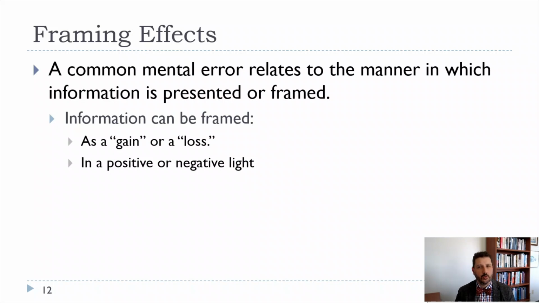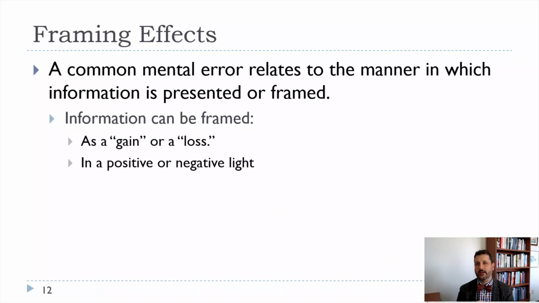The example we're going to give here is the ability to frame something either as a gain or a loss. Now, in the next video, we're going to be talking about loss aversion. Loss aversion is one of the strongest things to come out of behavioral economics. What it really means is that people measure their own utility against some reference level.